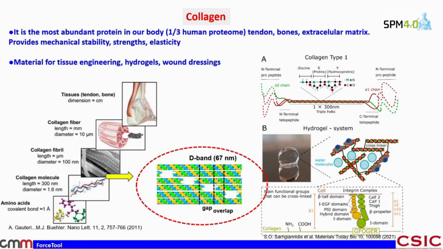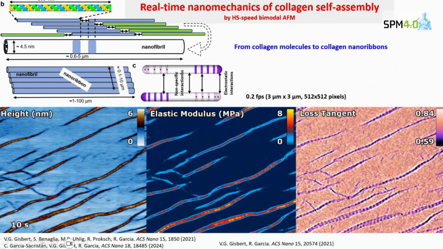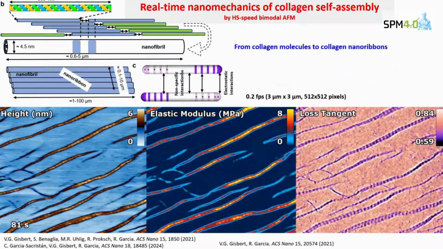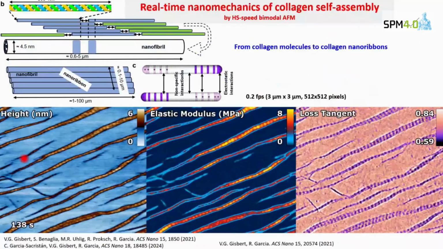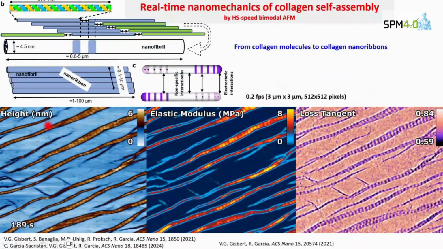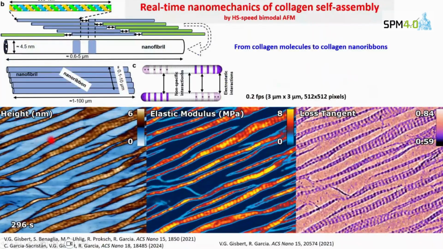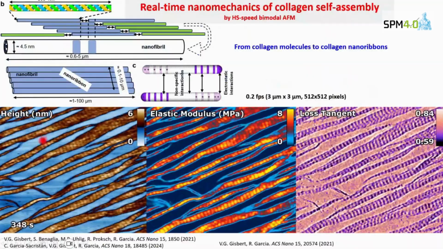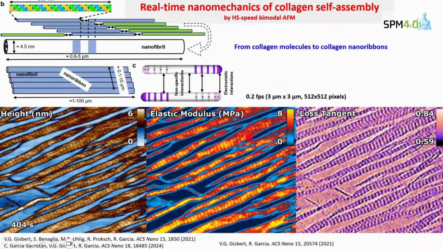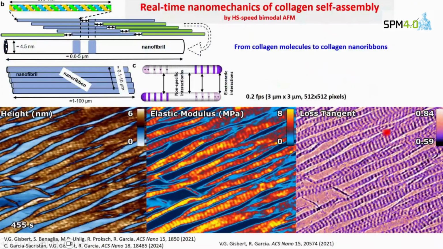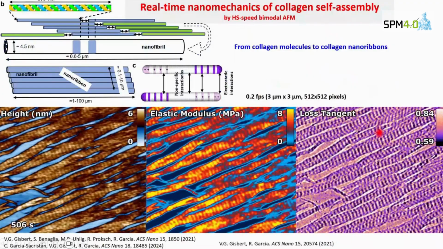So it forms a nanofiber structure, and we apply this bimodal AFM to see how the process of the formation of the nanofibers happens as a function of time, and you can measure simultaneously changes in the topography, the height, in the elastic modulus, and in the viscosity properties, the loss tangent.